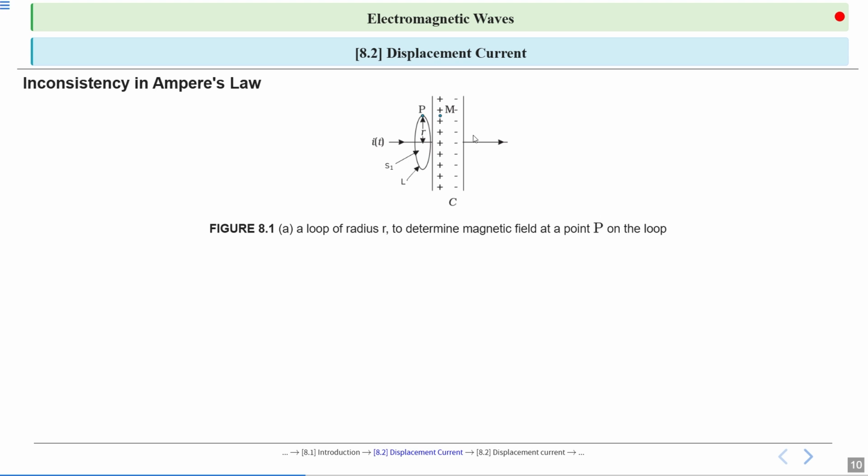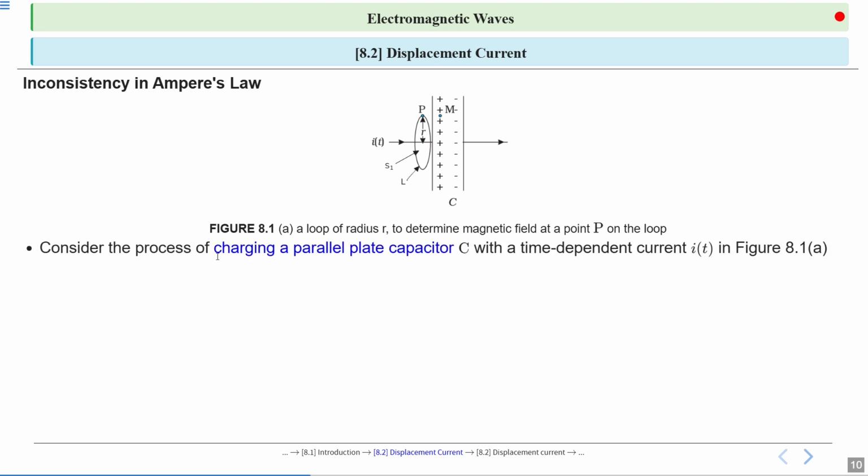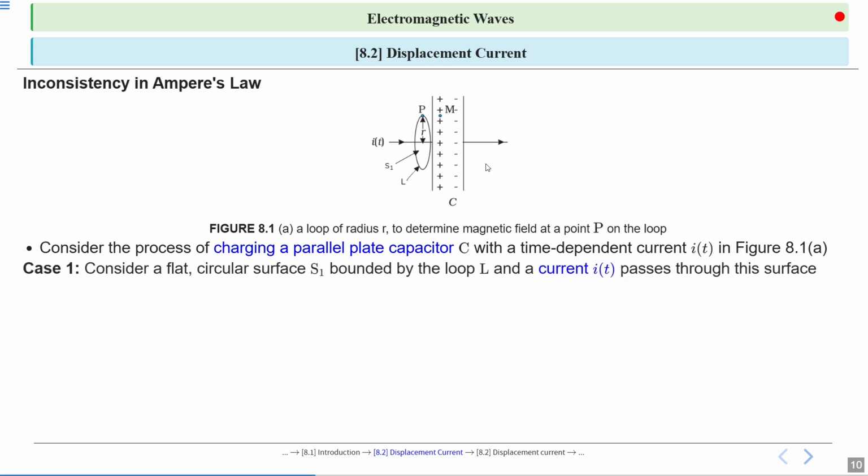Outside the plates of the capacitor, we are considering a loop of radius r to find the magnetic field at point P. Consider the process of charging a parallel plate capacitor C with a time dependent current, I(t), which varies with time as shown in figure 8.1a. So we consider a capacitor having parallel plates, being charged by a current I(t).